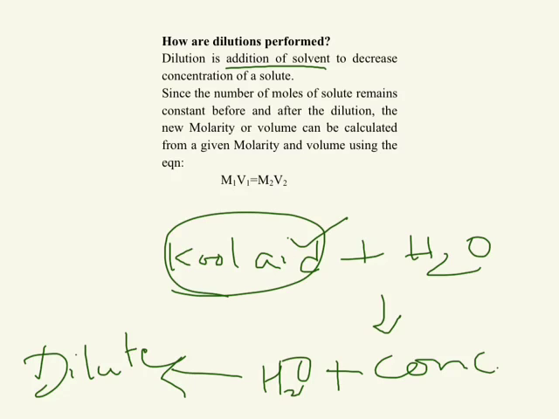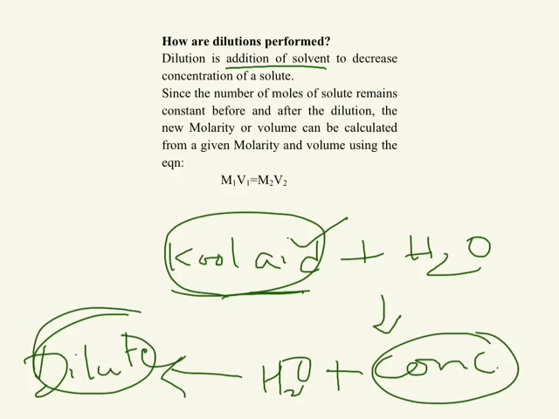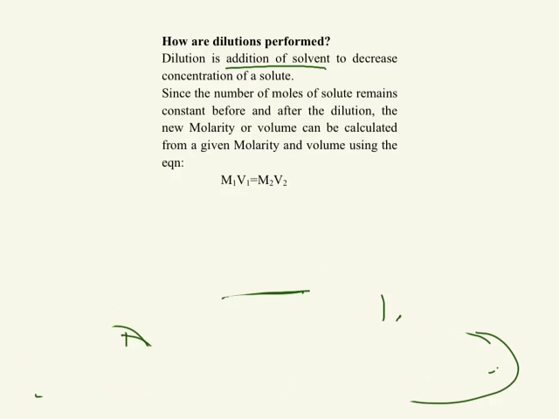No. So the moles of the Kool-Aid before dilution and after dilution stay the same. And what is moles? Moles is molarity times volume. So M1V1 denotes the moles of the solute before dilution, and M2V2 denotes the moles of the solute after the dilution, and the moles stay the same.